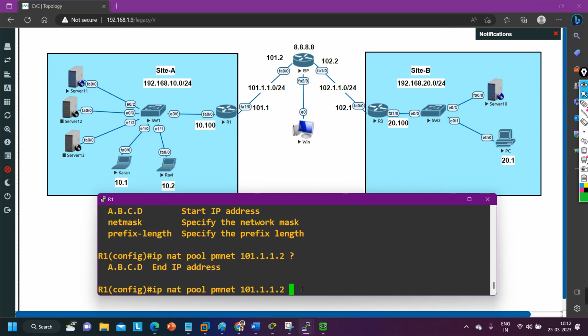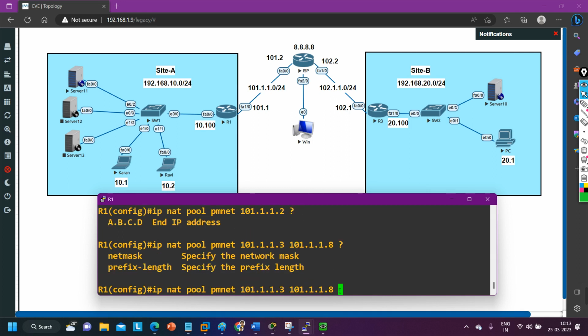After that, the end IP address. In my pool there are 5 IP addresses, from 101.1.1.3 to 101.1.1.7. Not from 2, because 2 is running on ISP. So in my pool there are 5 public IP addresses.